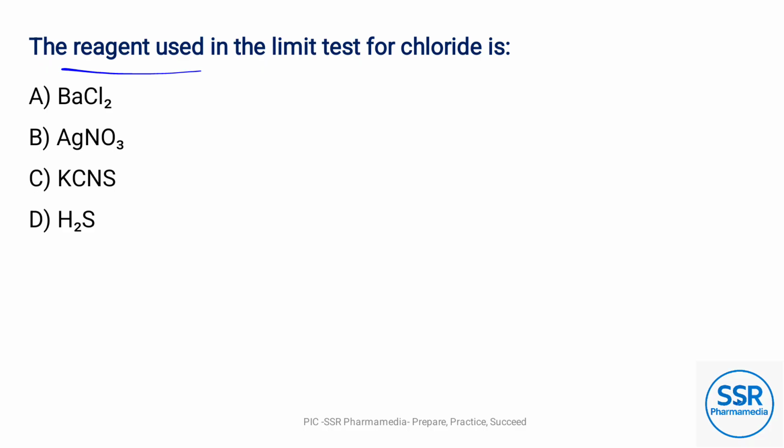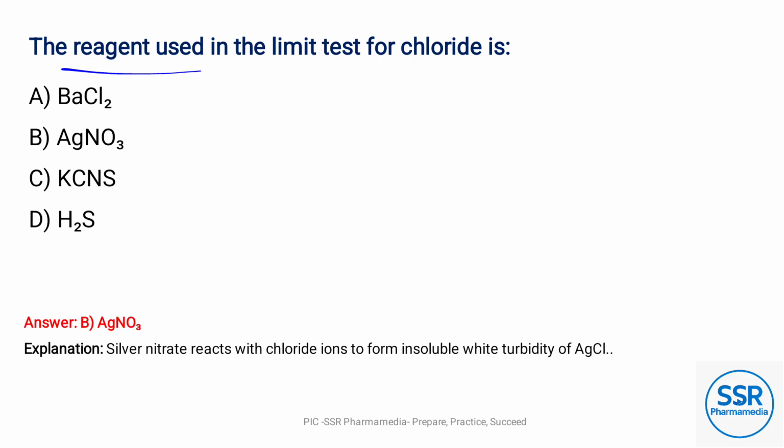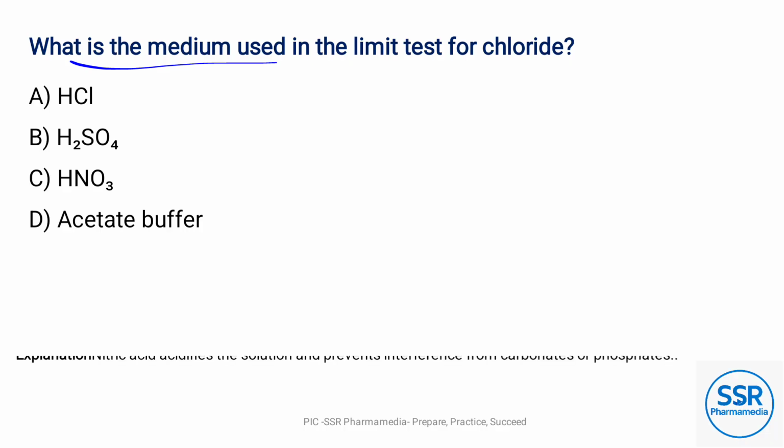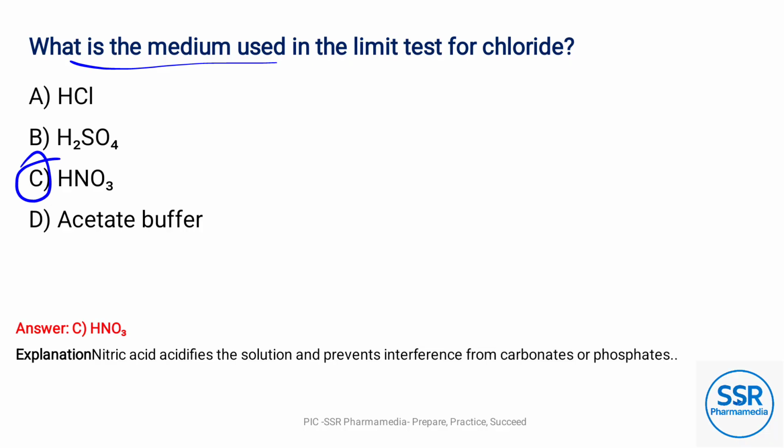Question: the reagent used in the limit test for chloride is? So the answer is option B, silver nitrate. Silver nitrate reacts with the chloride ion to form insoluble white turbidity, the silver chloride precipitate. What is the medium used in the limit test for chloride? So the answer is option C, nitric acid.